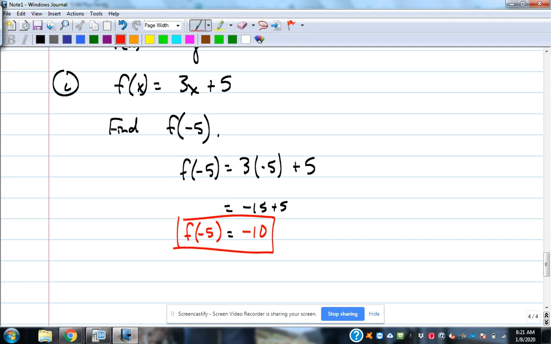Connect the ideas between the function notation and that this is also an ordered pair, negative 5, negative 10. Those are the same things. When you have function notation, that's the same thing as an ordered pair. When you plug in a value for x, that's the x value of the ordered pair. What you get as an answer is the y value of the ordered pair.